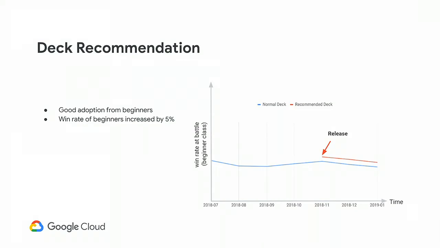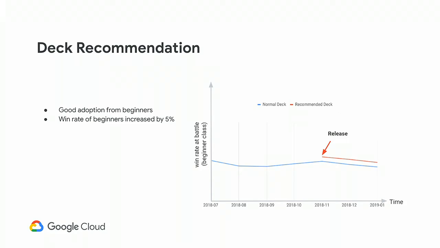Second, we are very glad that the recommended deck pushed the win rates of the beginners by about 5% compared to decks created without the recommendation. Since our focus was to support beginners, we are very satisfied with these results.